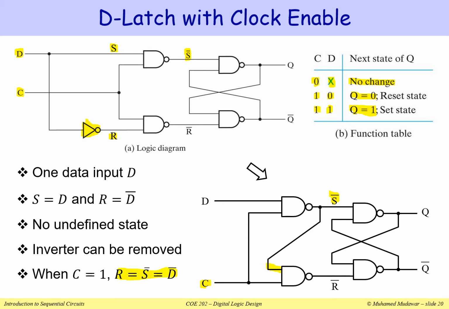So therefore we have inverted the D input by taking the output of this first NAND gate. So this first NAND gate is used as an inverter when C is equal to 1. And therefore, there is no need for this inverter, and this will be a simpler implementation for the D latch.